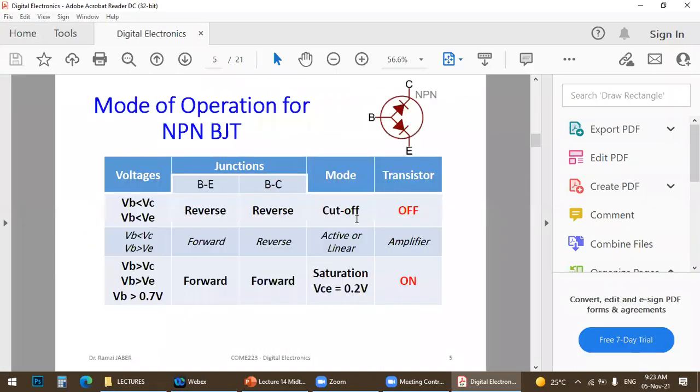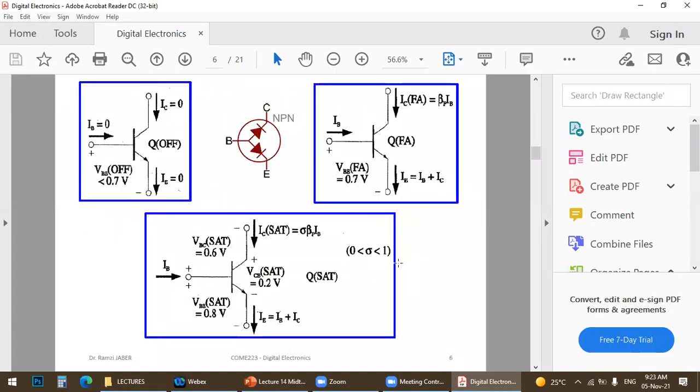In chapter 2, some revision: here we have cut off, linear mode, and saturation. Cut off: current 0 and voltage less than 0.7 volt, no current, IC equals 0, IE equals 0, so it's off.